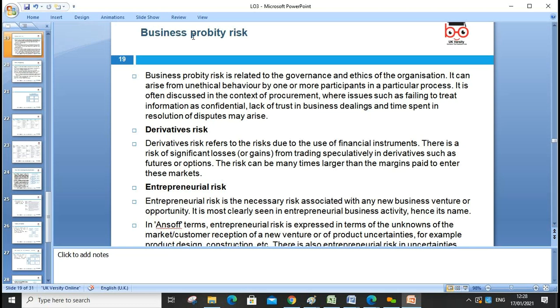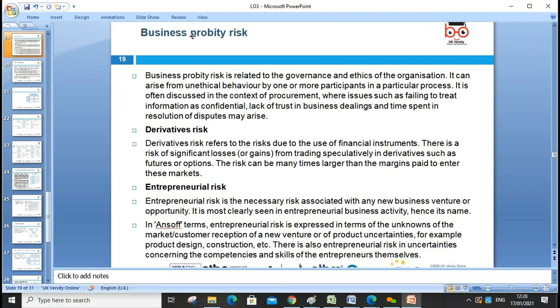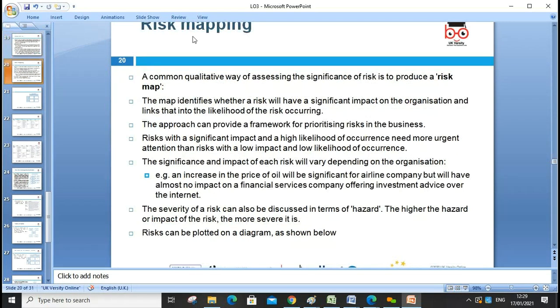According to Igor Ansoff, one of the scholars, who was Russian, we have to use the strategy. It is expressed in terms of the unknowns of the market and the customer reception of the new ventures. Uncertainty, product design: we need to measure those, what is happening, is the product design fit for purpose or not.